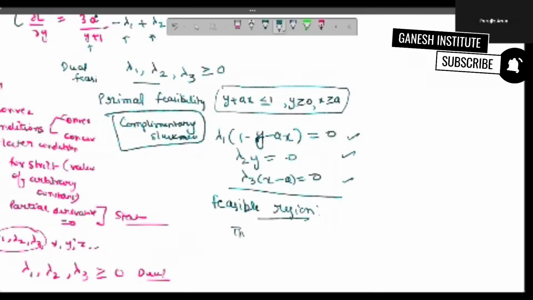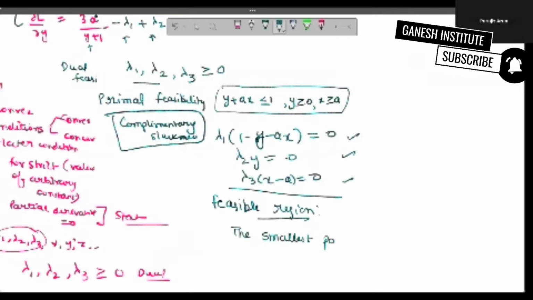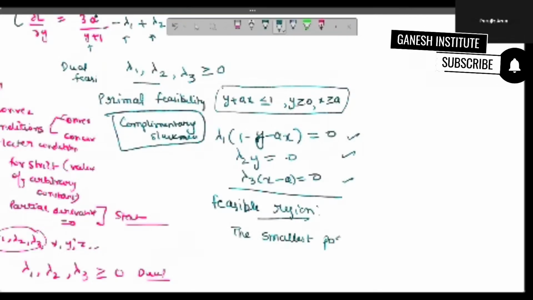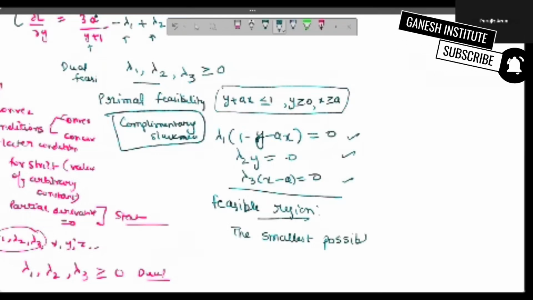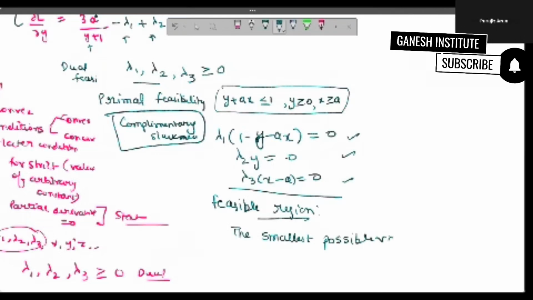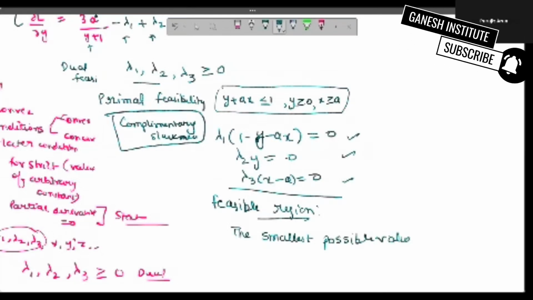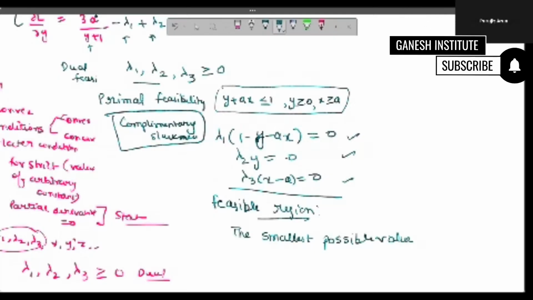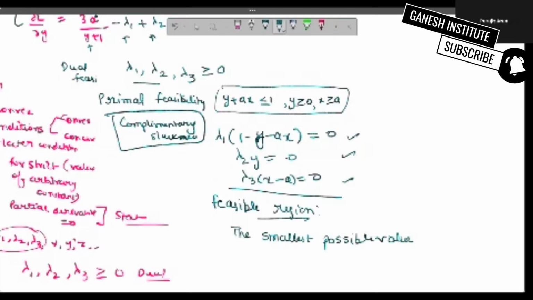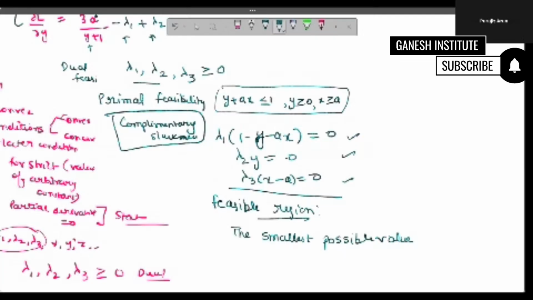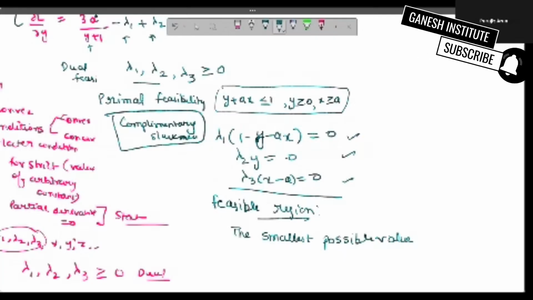X is A plus some value. But what is the smallest possible value? It's 0 plus something. It is A, ma'am. Possible value is A. Correct.